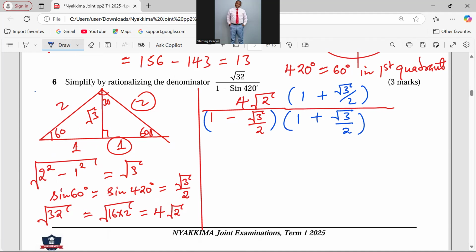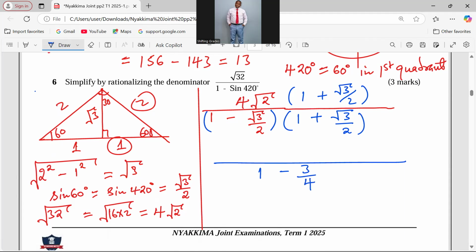Look at it in this way now. When you multiply a surd with its conjugate, you usually get a rational number. Therefore, the denominator looks like what we call a difference of 2 squares. So to expand this, we will need 1 squared minus the root of 3 over 2 also squared. So at the denominator now, we expect 1 minus root 3 over 2 squared, which becomes 3 out of 4.